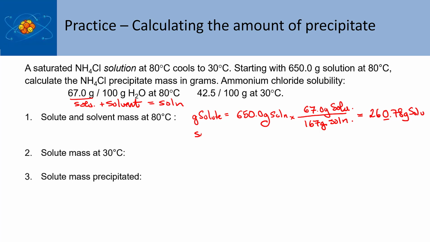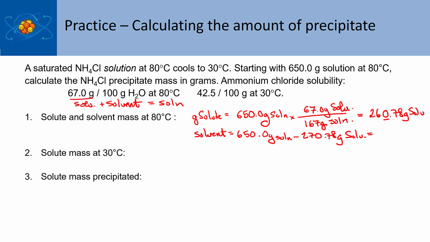So solvent mass would be equal to 650 grams of solution minus 270.78 grams of the solute.